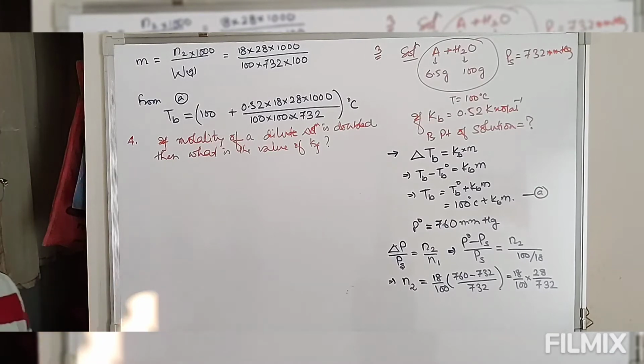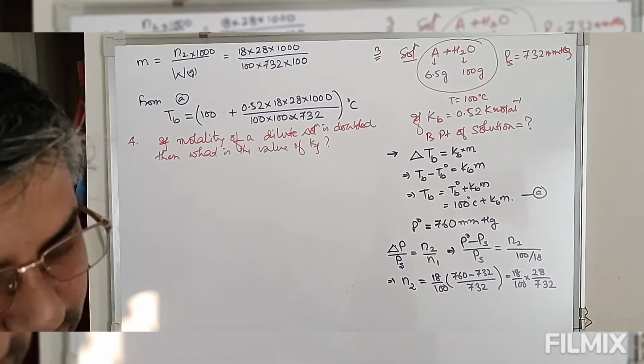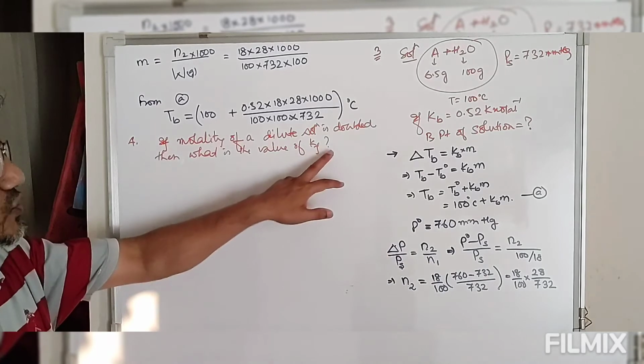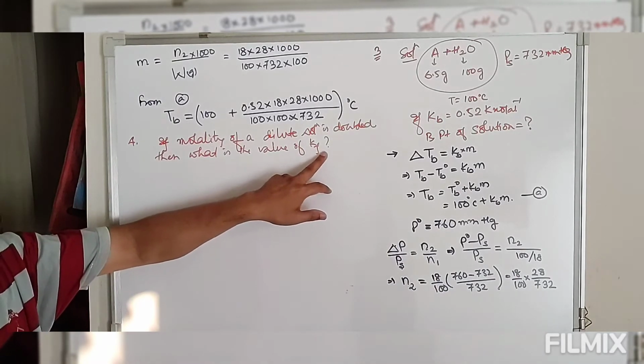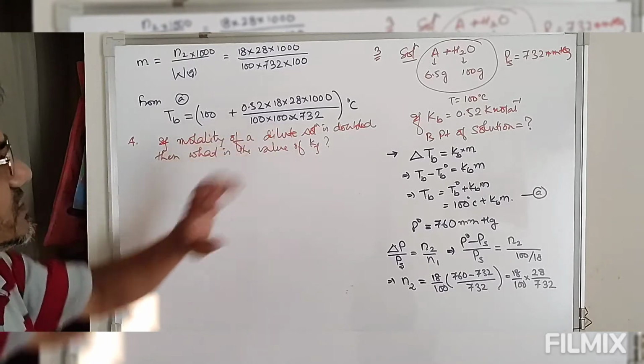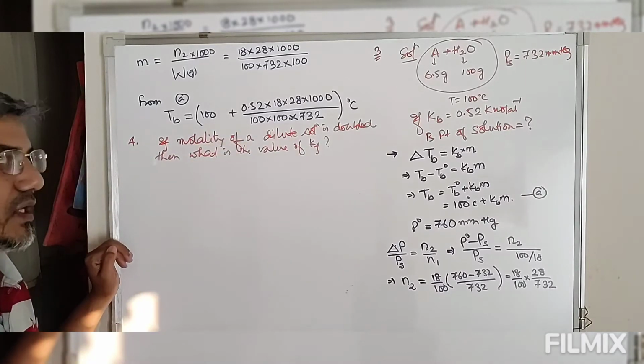Now we have to define how Kf, that is the cryoscopic constant, molal depression of freezing point constant, changes if the concentration of the solution is doubled.